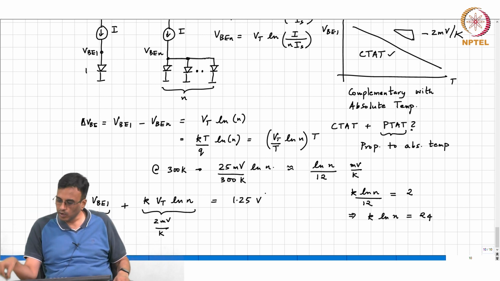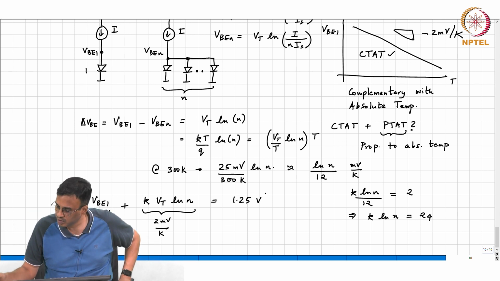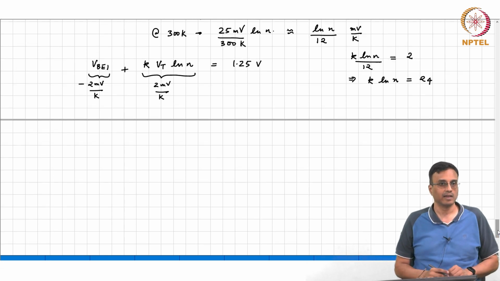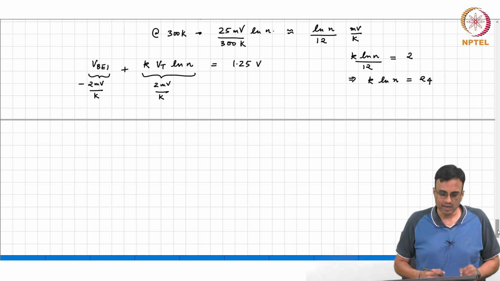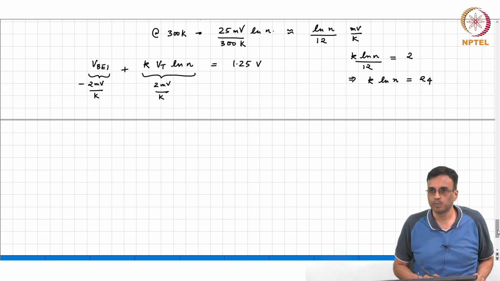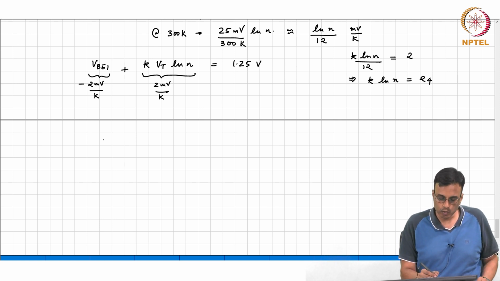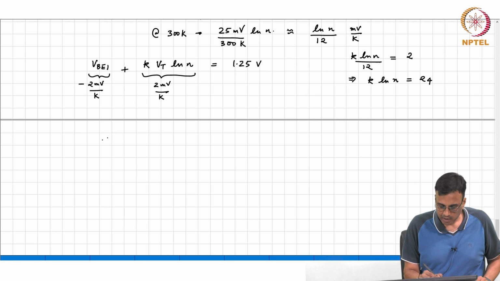Now, the principle is one thing, but actually realizing it is something else. VBE1 is straightforward. You take some current, plop it into a diode, and you are all set. But what we now need to do is, how do I get K Vt ln n?